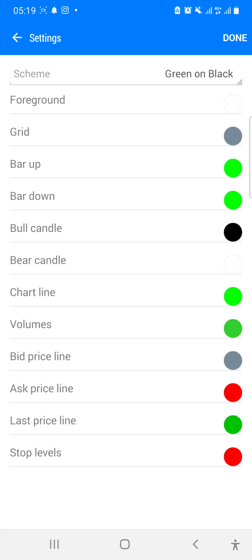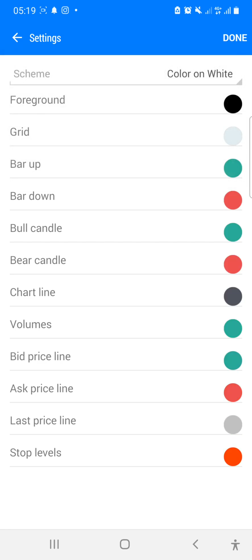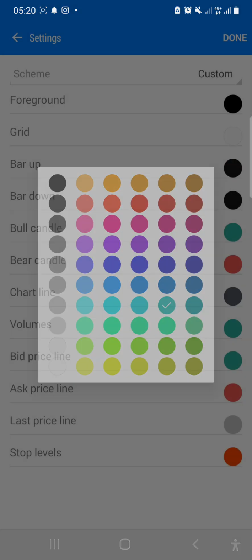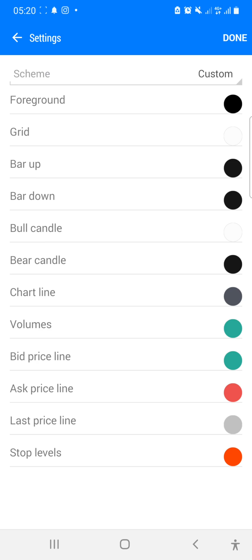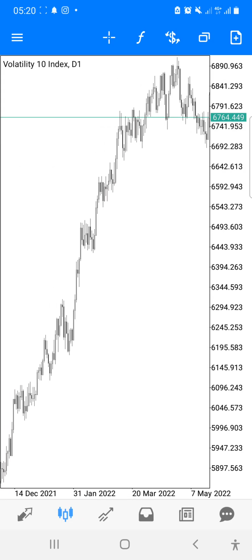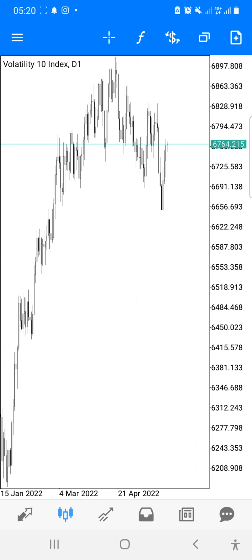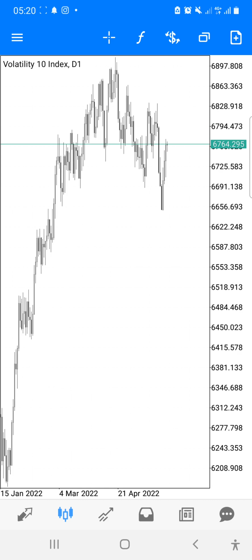Maybe you want to change the background to white, the grid to white, bar up black, bar down, bull candle white, bear candle black. You can customize it as you like. So that's done, and it's maybe clearer for those who don't like black backgrounds.